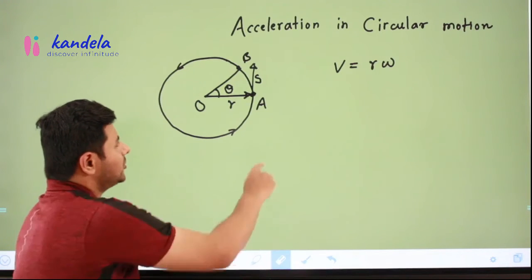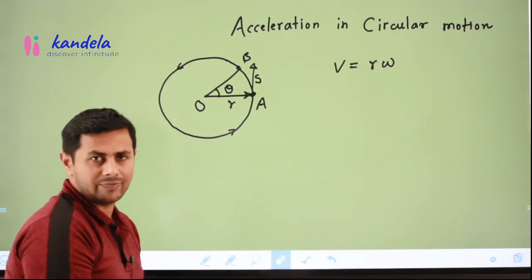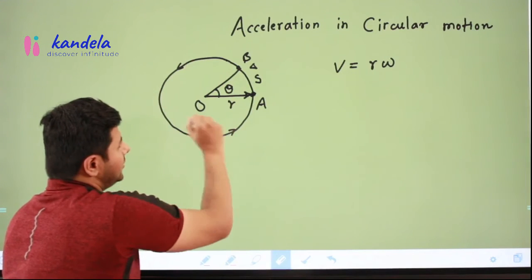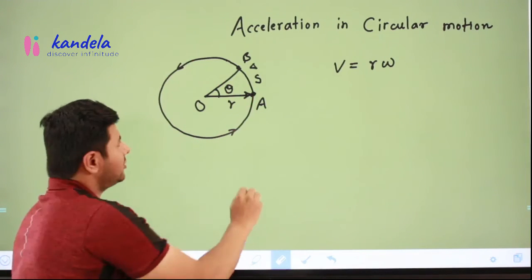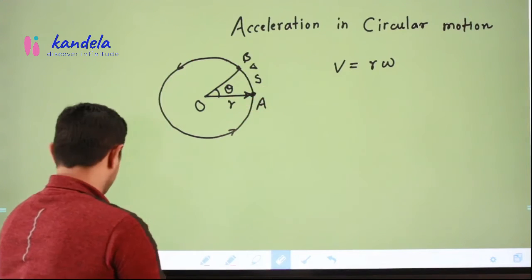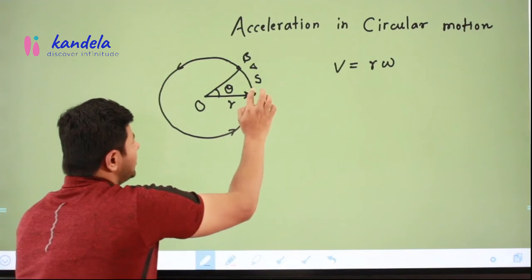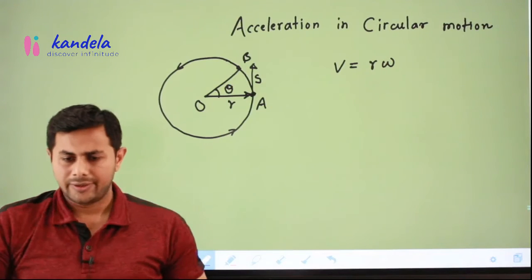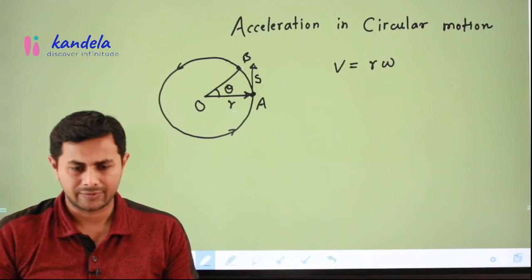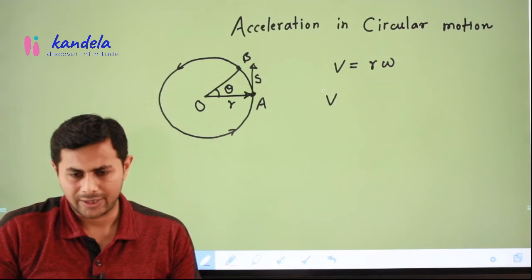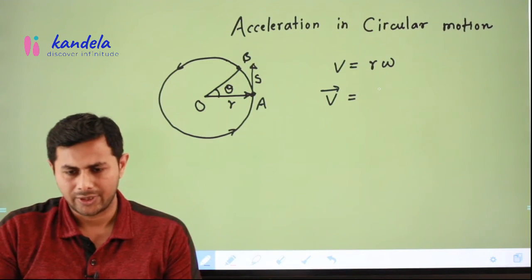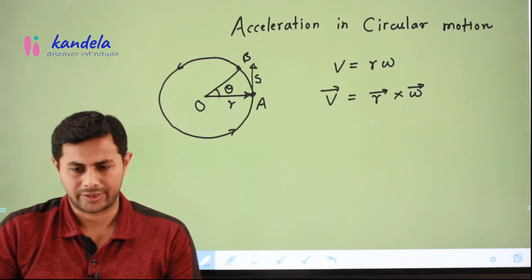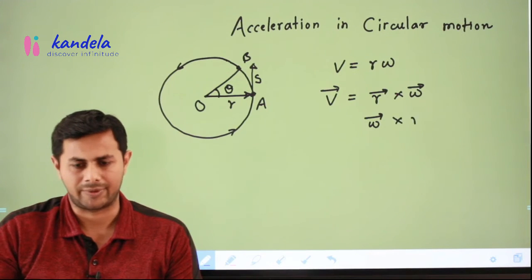So what will be the direction of velocity for this particle over here? Our particle is moving in an anti-clockwise sense. So at this point, the velocity will be directed upwards, right? Now, if we talk about vector quantities, v bar can be equal to r bar cross omega bar, or is it equal to omega bar cross r bar?